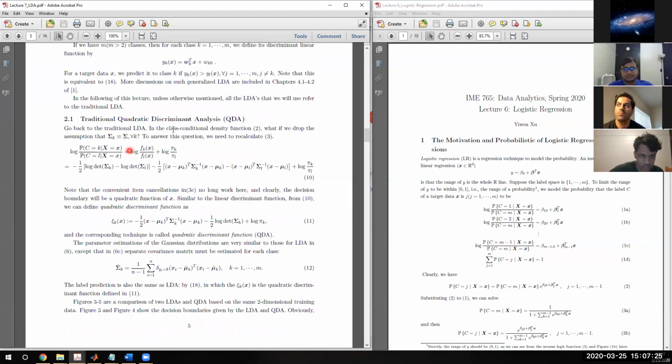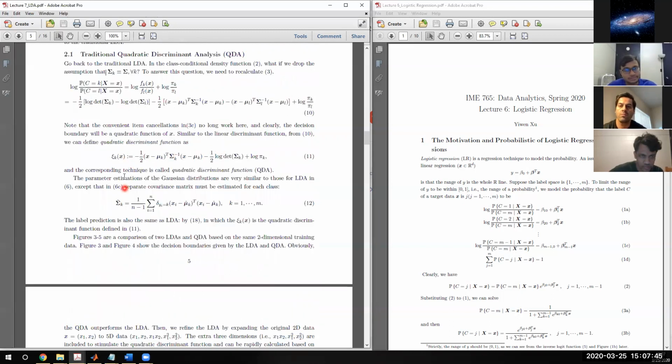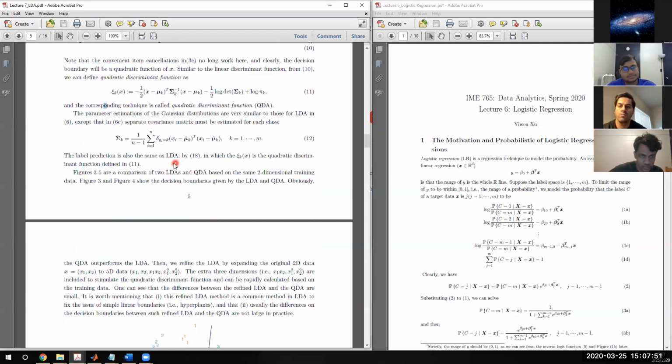And then we introduced the QDA, the quadratic discriminant analysis, which is nothing but dropping the assumption that all classes share the same covariance matrix, so that I can have a sigma k here. Each class has its own covariance matrix. This makes the function quadratic, no longer linear, and hence it's called QDA.